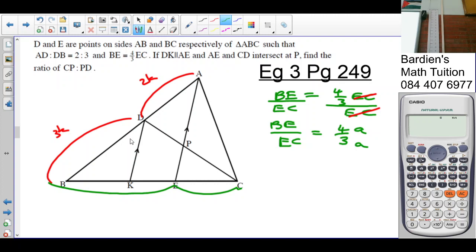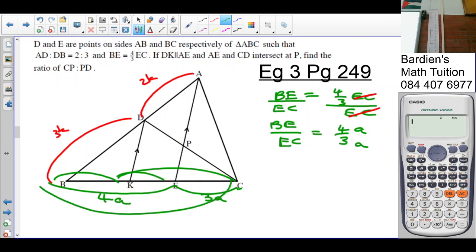So let's fill that in. What would this be? 4A is to 3A. So you got BE over EC is 4A over 3A. So you fill that in. So if we're talking about this length here, BK and KE, or KC, or CB, it's always going to be involved with that A. So this side of the triangle, which is length BC, will always be associated with A. The side AB will always be associated with a K at this point.